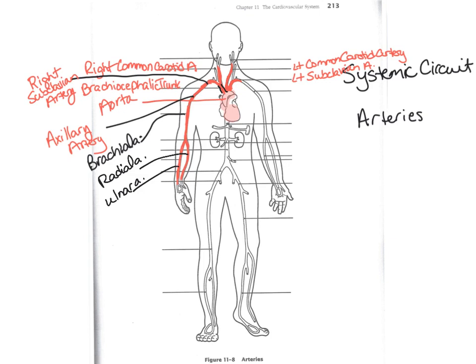If you go back and look at the right side, the brachiocephalic trunk divided into the common carotid and the subclavian. So then the subclavian on the left side becomes the left axillary artery, and the left axillary artery becomes the left brachial artery. And then the left brachial artery divides at the elbow to become the left radial artery and the left ulnar artery.